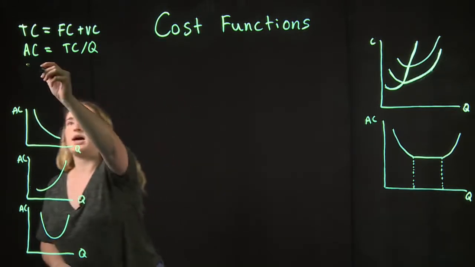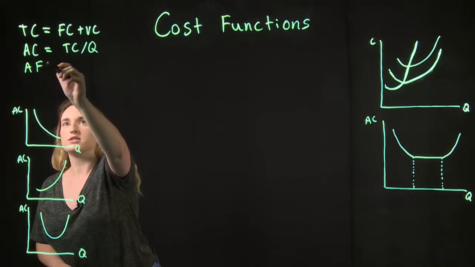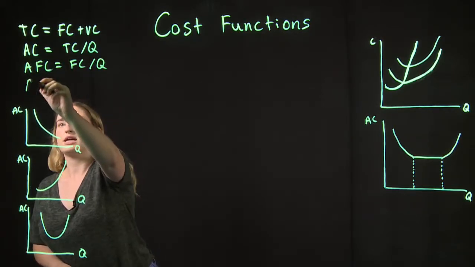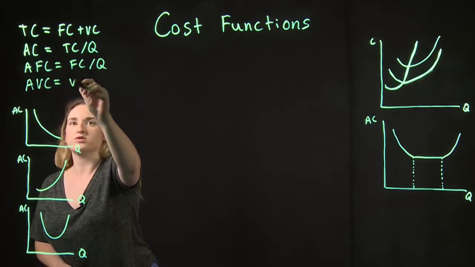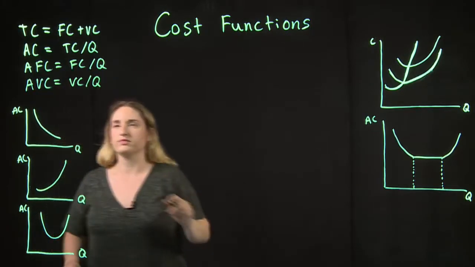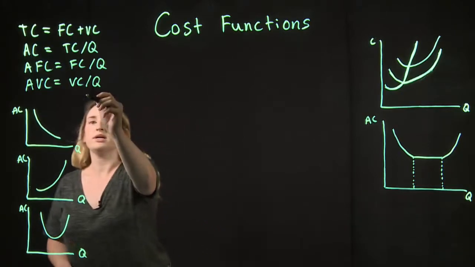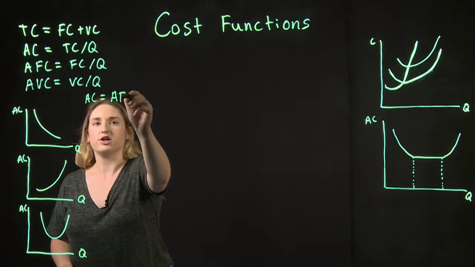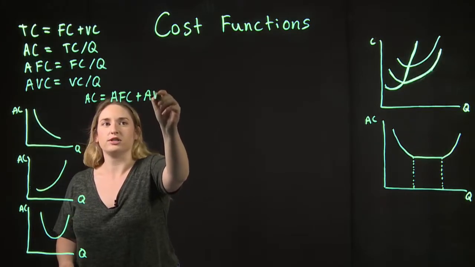We can also have average fixed cost, which would be fixed cost divided by quantity, and average variable cost, which is variable cost divided by quantity. So we can add these two up, and average cost would be average fixed cost plus average variable cost.